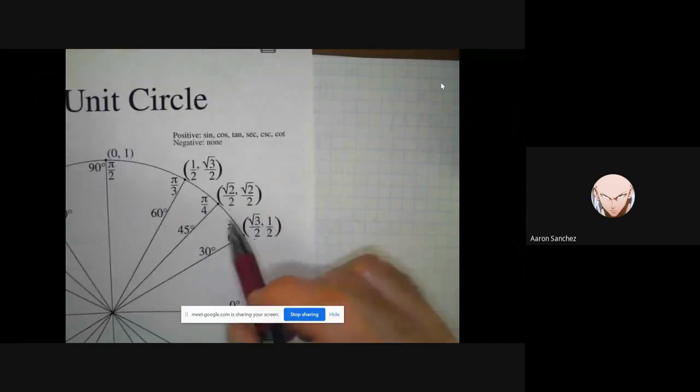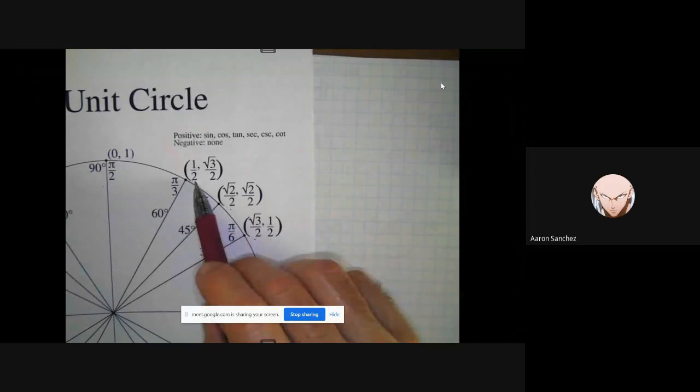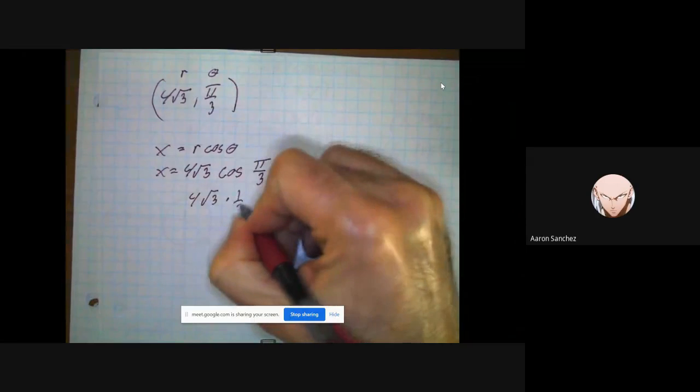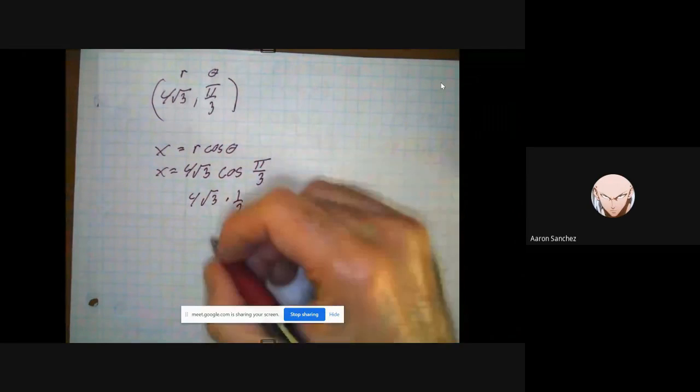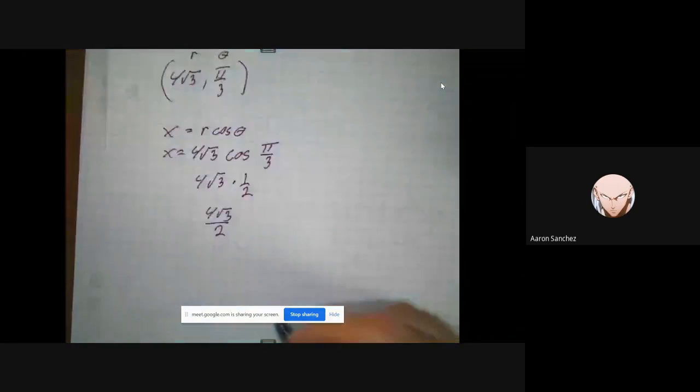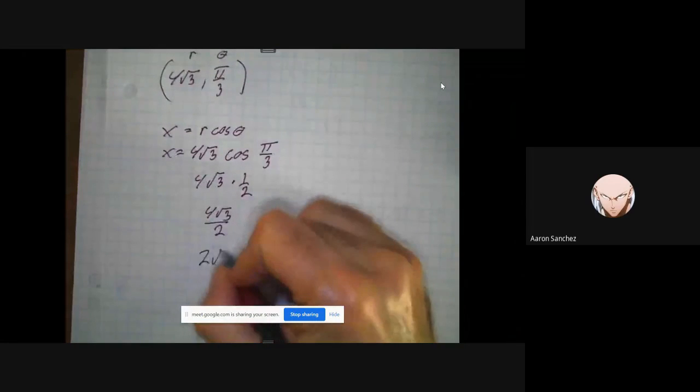Remember, x is cosine, y is sine. So the cosine of pi over 3 is 1/2. So just say 4 root 3 times 1/2. So it's 4 root 3 over 2. 4 divided by 2 is 2 root 3.